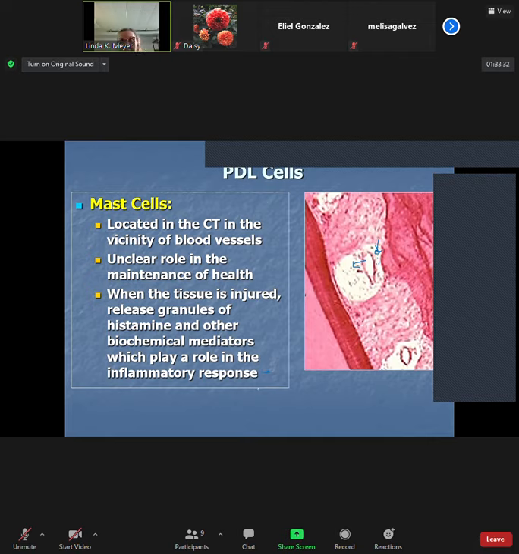Specifically, they affect the blood vessel properties that we see in inflammation. Okay, so the same thing that applies to the lamina propria of the oral mucosa, specifically the gingiva, applies here as well.